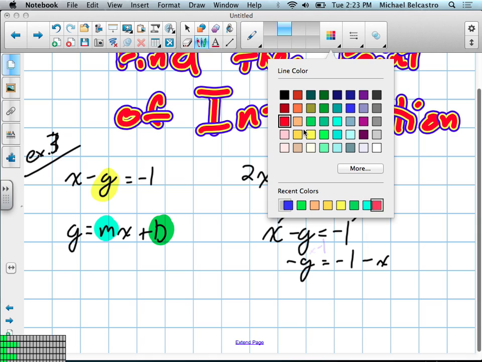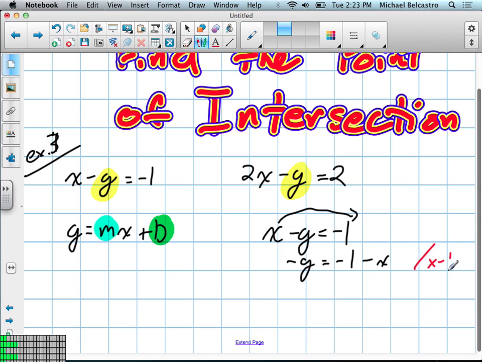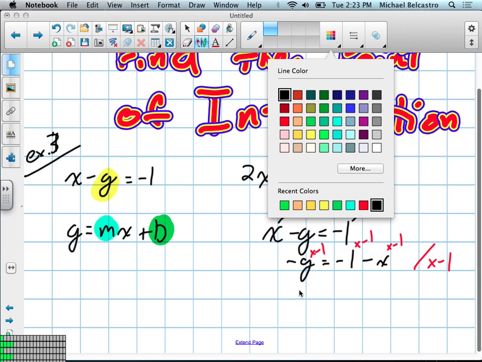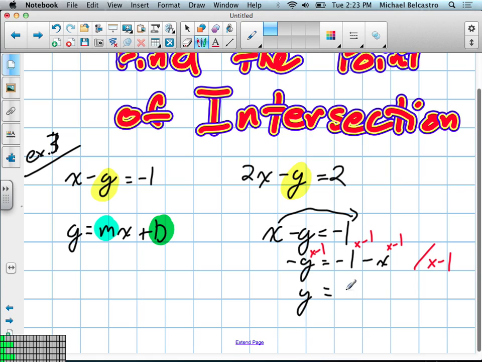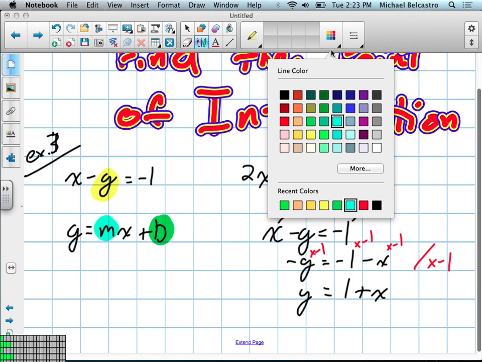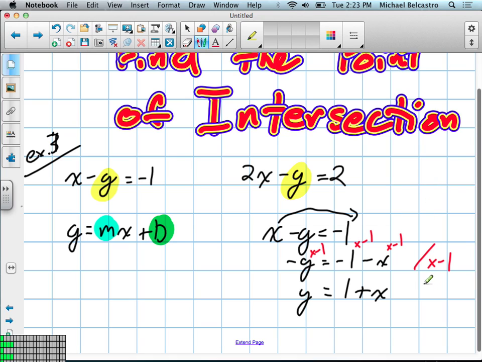Okay? So let's say we've multiplied every term by negative 1. When we do that, we're going to get positive y is equal to positive 1 plus x. Okay? What is going to be our y-intercept in this case? 1. 1 will be our y-intercept.